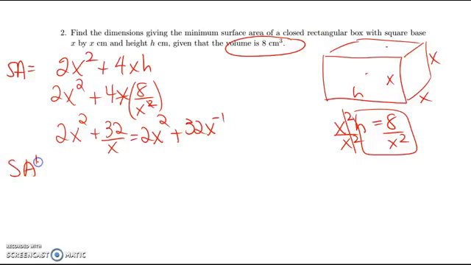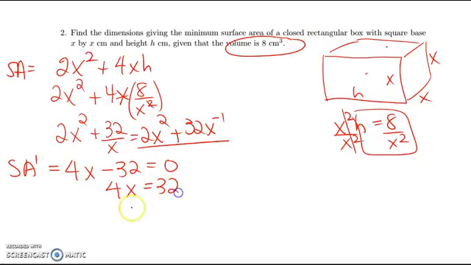Now, it tells you actually, well, maybe it doesn't. I need to minimize the surface area. So I'm going to take the derivative of the surface area equation right here, which is 4x minus 32. Let's see if this works. If I set that equal to 0, I get 4x equals 32, x equals 8.